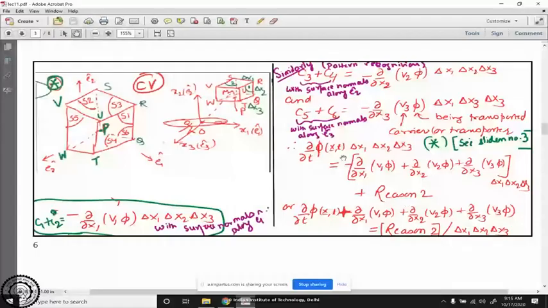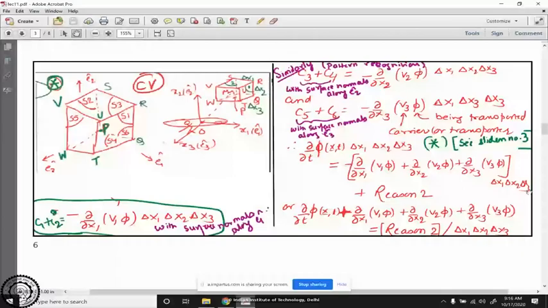Now let us divide everything by delta x1, delta x2, delta x3. If you do that, left hand side will be just the partial of phi with time, and this will be this, which had delta x1, delta x2, delta x3 sticking originally to it.